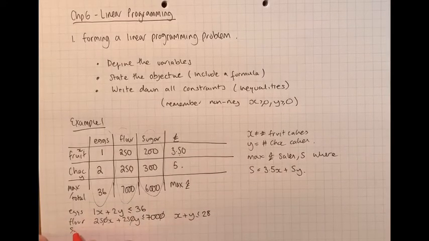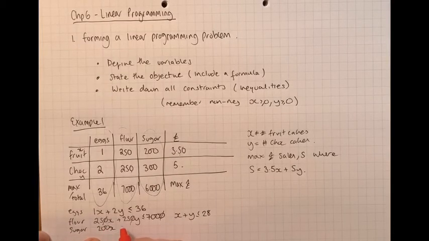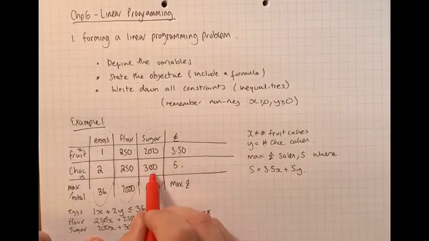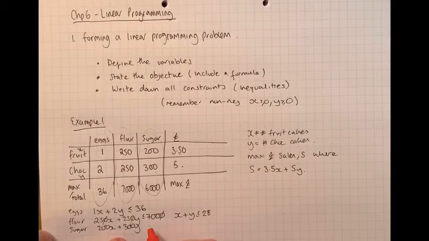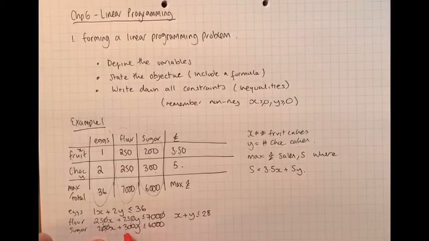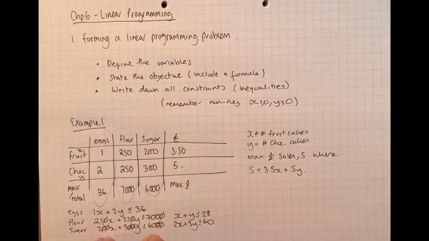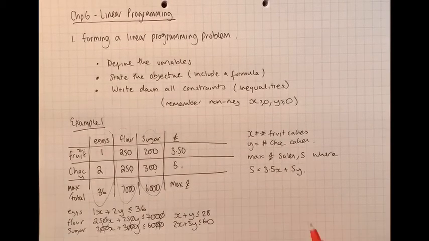And the one for the sugar, you'd have 200x plus 300y. 200 times x plus 300 times y gives you the total amount of sugar from all the cakes that she makes. That must be less than or equal to 6,000. If we divide it all by 100, we get 2x plus 3y must be less than or equal to 60. So those would be the constraints.